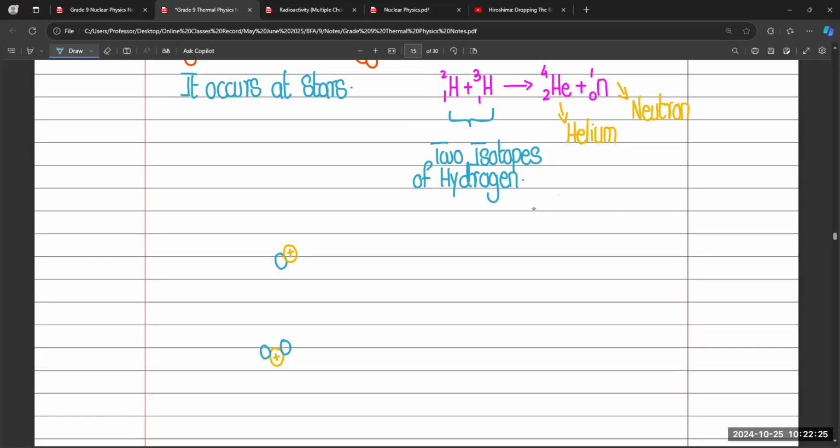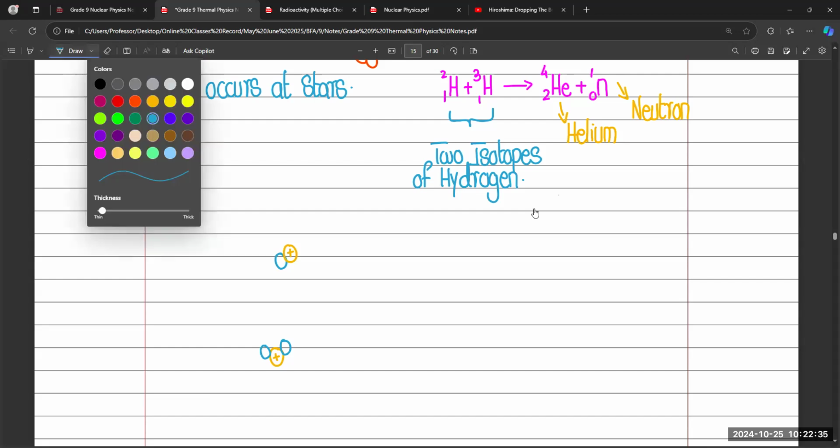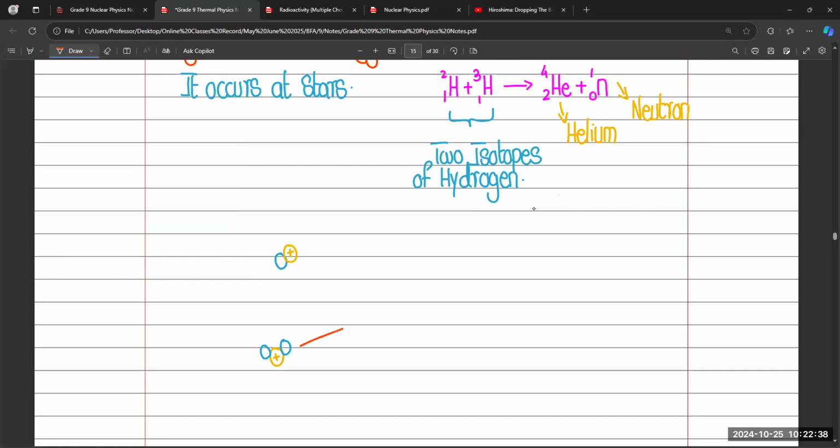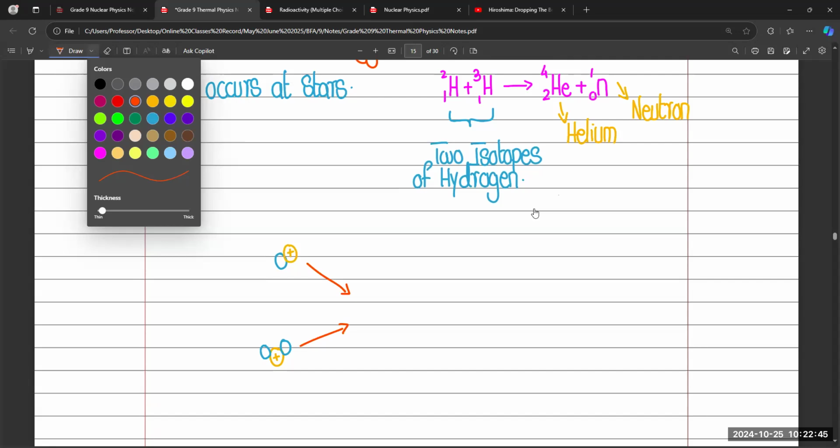Just like in the equation, you can see in the first we have H2, so 2 means one neutron and one proton, and H3 means two neutrons and one proton, because the number of protons remains the same, and they are going to combine with each other. When they combine, a fusion reaction takes place.